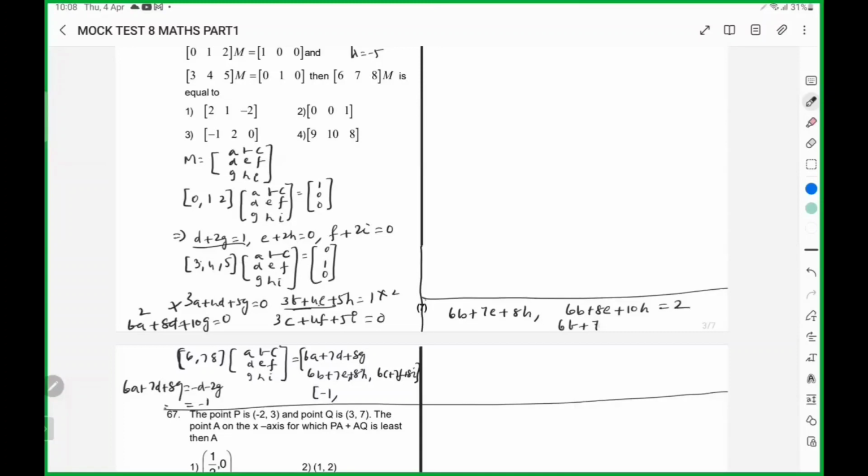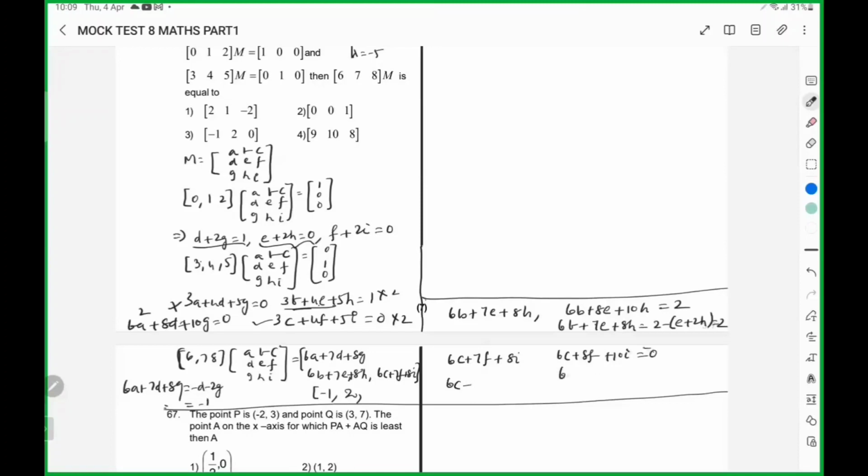So 6B plus 7E plus 8H is 2 minus E plus 2H, and E plus 2H is 0, which is equal to 2. Last one, 6C plus 7F plus 8I: multiply by 2, 6C plus 8F plus 10I is 0.